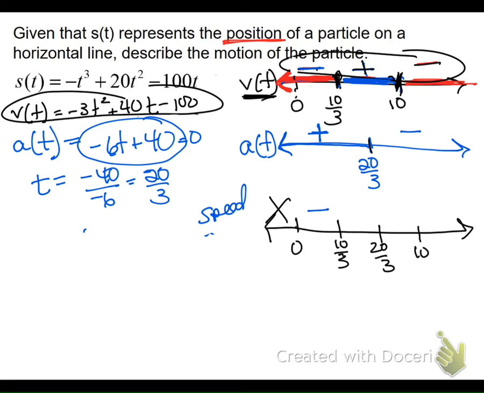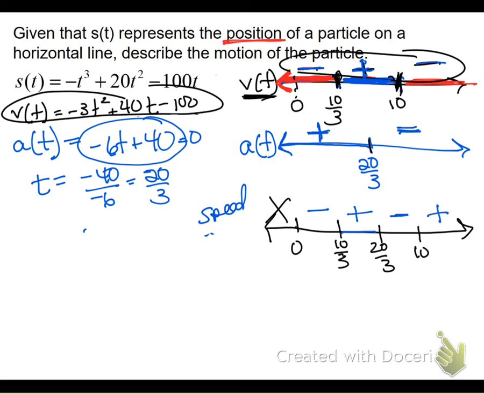Okay, between 10/3 and 20/3, it doesn't even matter what number I pick because I can just look at the sign. In between 10/3 and 20/3, my velocity is positive and my acceleration is positive there. So that's positive. Between 20/3 and 10, velocity is positive, but acceleration is negative. And to the right of 10, I have negative, negative, positive.